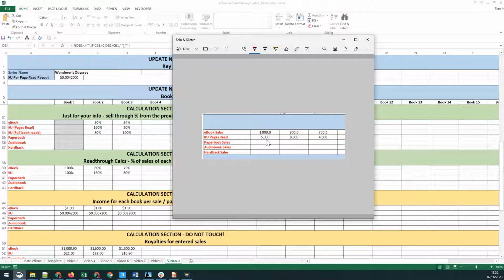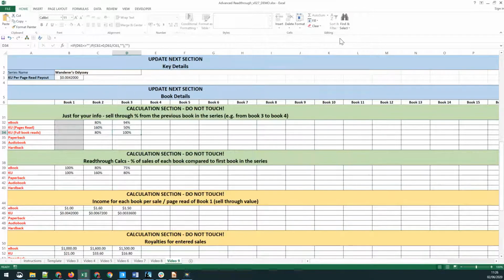So you can see here that that number there is 8,000 page reads, and that is 4,000. But we know that book 2 is twice as long as book 3. So that does equate to one book read. So that's why we use both the pages read and full book reads in this section. And the reason I left pages read in, because otherwise when you look down here, this might look a little bit strange.